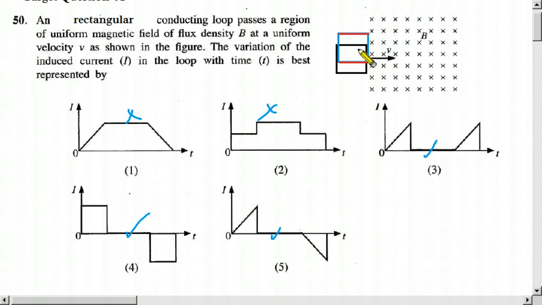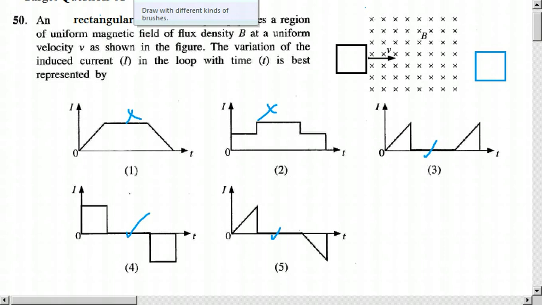But the way it is passing through this magnetic field, these wires shown by red color don't cut the crosses, they just creep between these crosses. So therefore they don't generate any current. So we don't have to take into account those two wires. Only we have to consider these two wires.